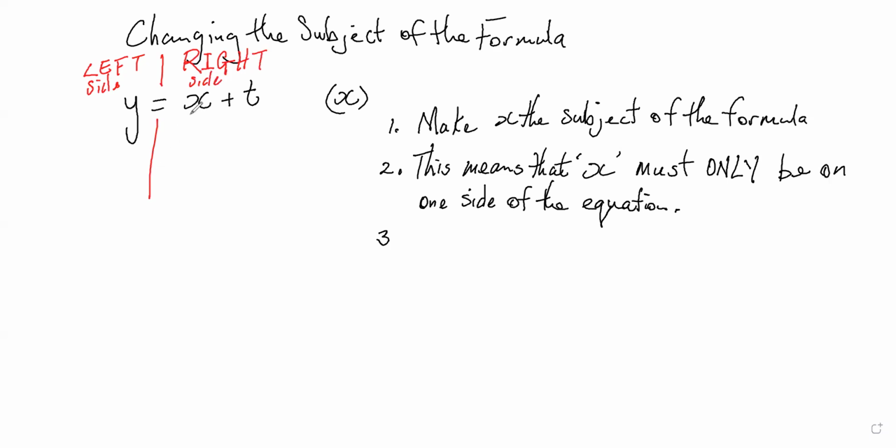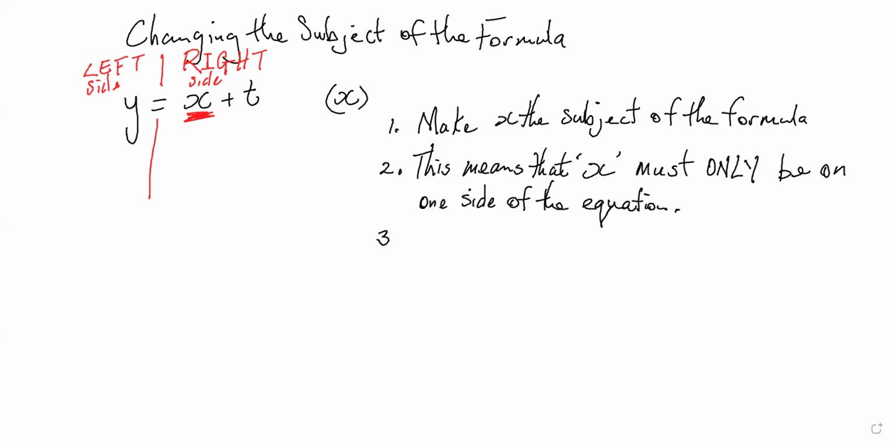We only want x on that right side. So what do we have to move? If I only want x on the right side, what do I have to remove? It's y equals x plus t. Yes, remove the t and the plus sign. Correct. I have to move the t.